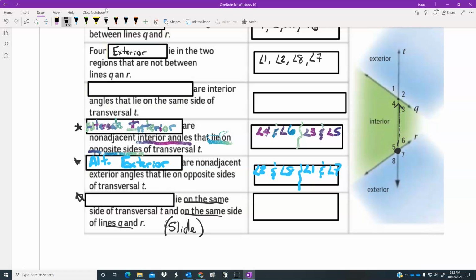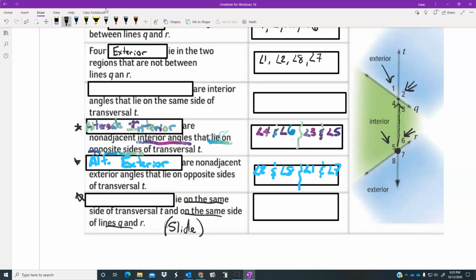The 5 would land or slide right on top of the 1. It would be in exactly the same location. Or if I was talking about the 6 would slide onto the 2.